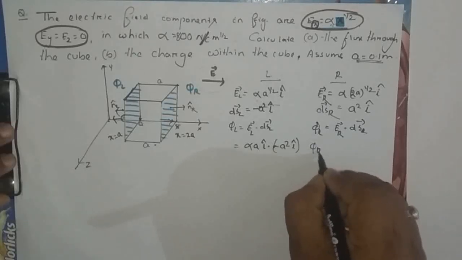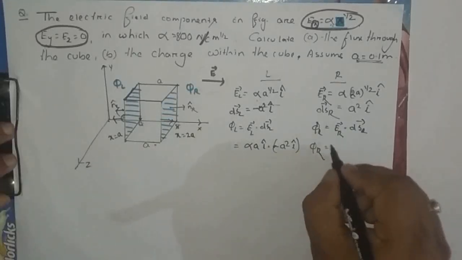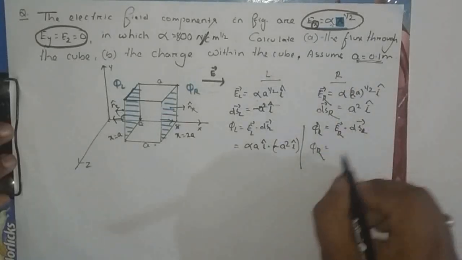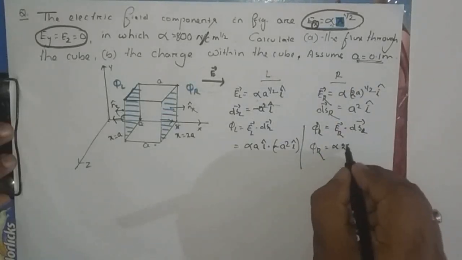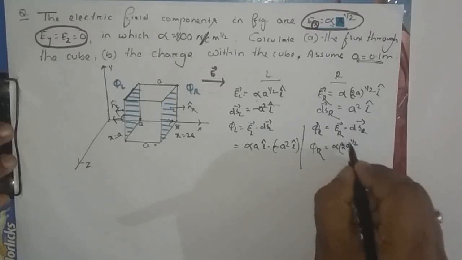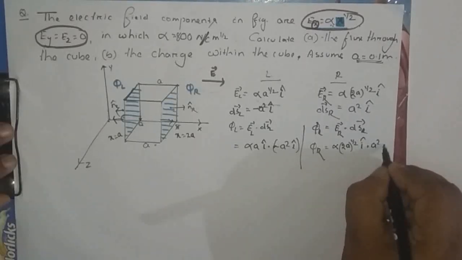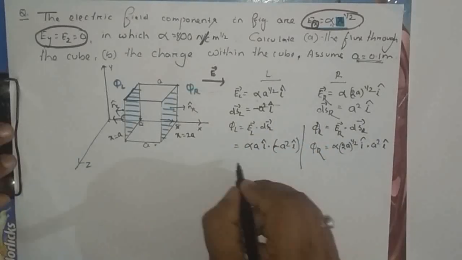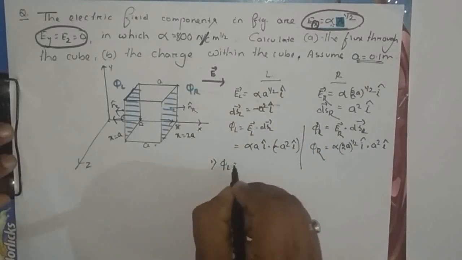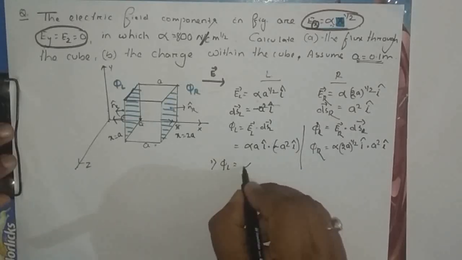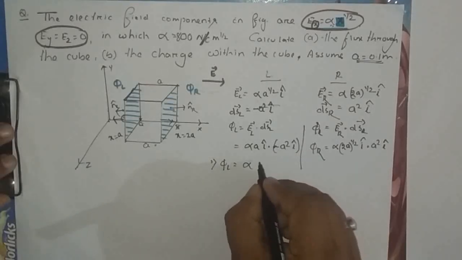Now similarly flux on the right hand side will be equal to ER, which for the right hand side is alpha 2a to the power 1 by 2 i cap dot a square i cap. Now if I solve it, I get left hand side flux equal to minus alpha a cubed, since i dot i is 1.